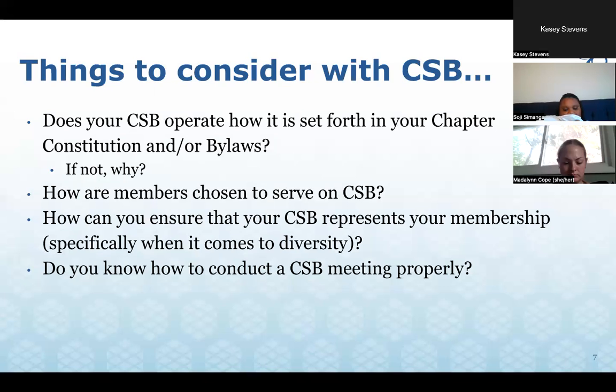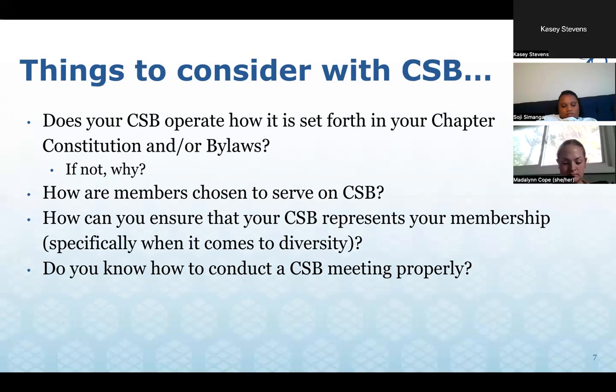And if it's not, we should probably update that or get it updated. Make sure that it's reflected in your bylaws or wherever it might live. This is how we operate. This is how the chapter standards board is chaired by a VP. These are the members, and how are the members chosen to serve?